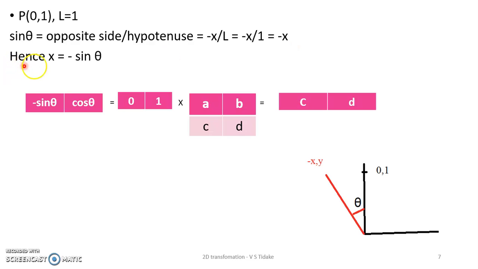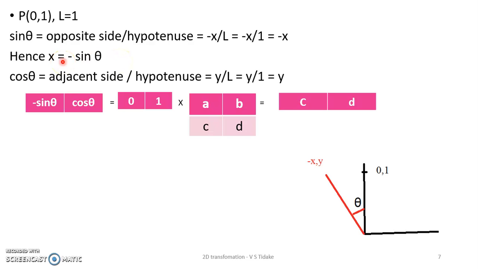And hence x is equal to minus sin theta. Also, cos theta is adjacent side upon hypotenuse, that is y upon L, that is y upon 1 equal to y.